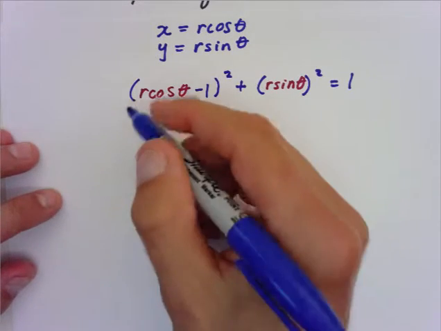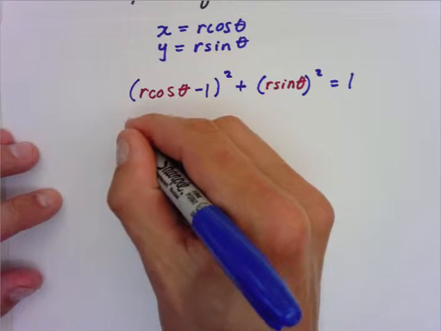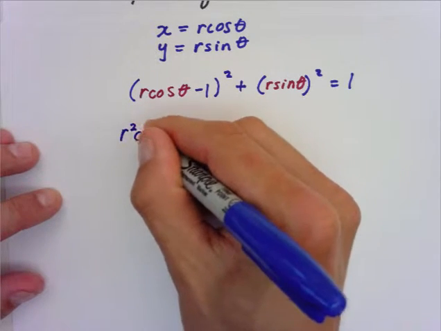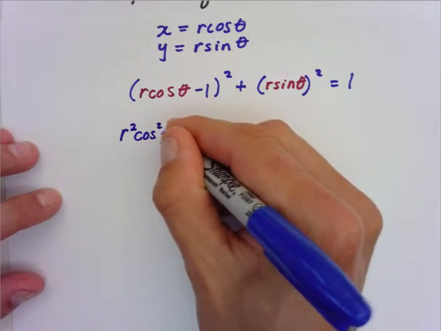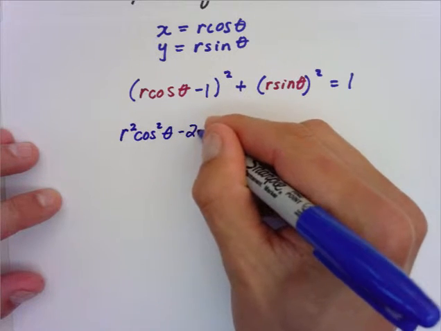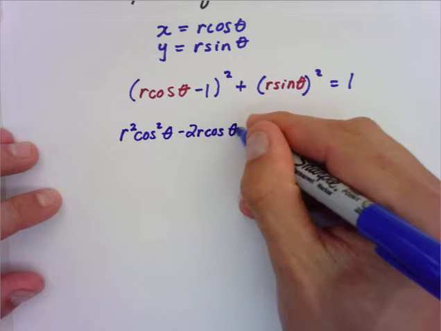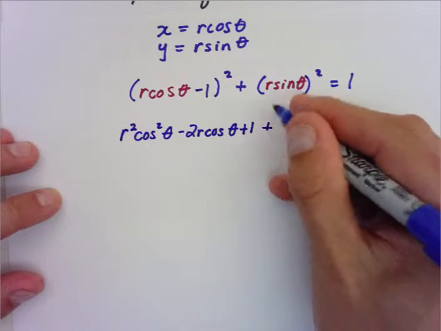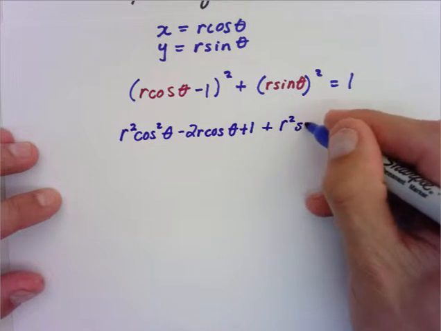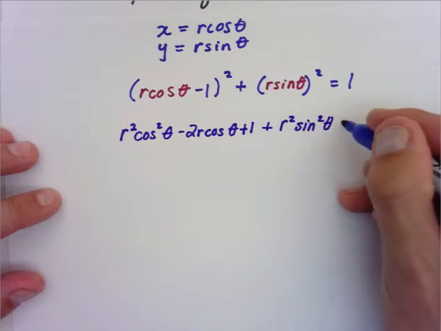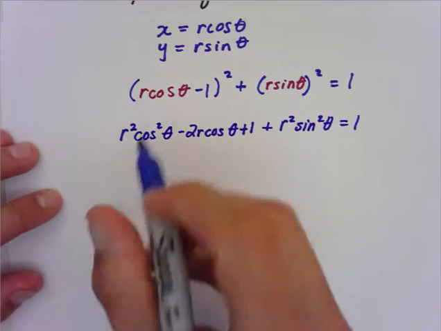Okay? So let's look at just expanding this out. So we're going to have r squared cosine squared theta minus 2r cosine theta plus 1 plus r squared sine squared theta, and that's equal to 1. And I multiply this out.